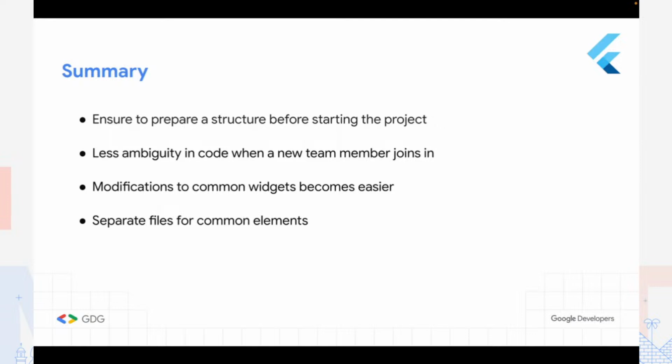This is because if you add all of them in one file, your file size is going to keep on increasing, and the addition or removal of certain elements will be difficult, and it will also start to look messy because you have so many things going on in one file. So, yeah, separate files for common elements. So, that was all about design systems.